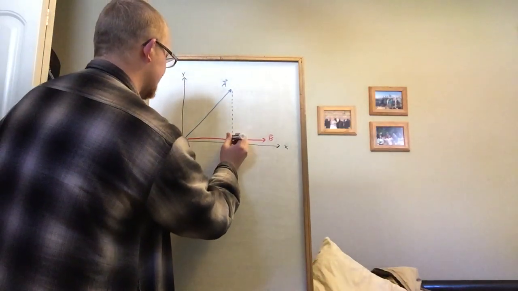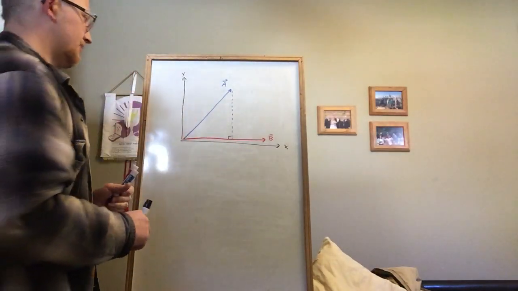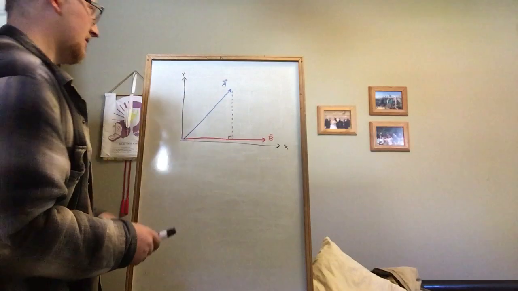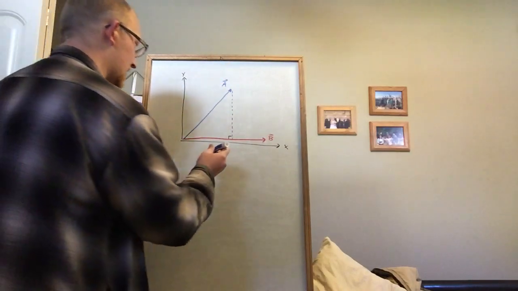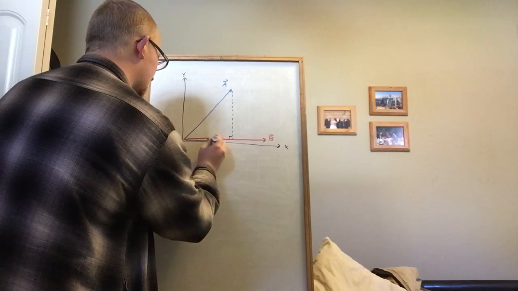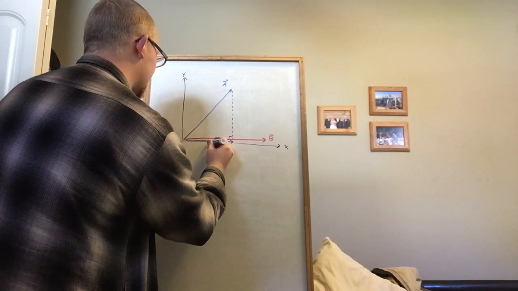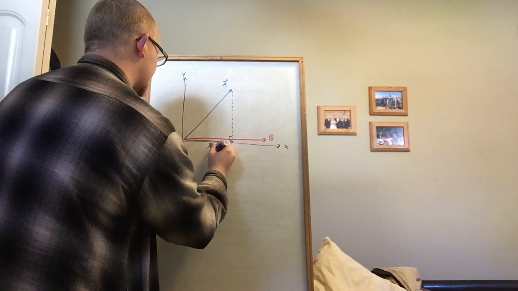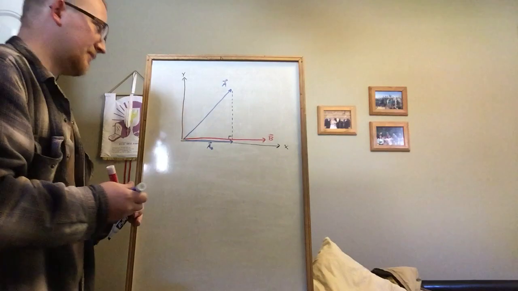That's going to give us a right angle. As you can see here, we have A being projected onto B. I'm going to call that vector A in the direction of B, so I'll call it A sub B.